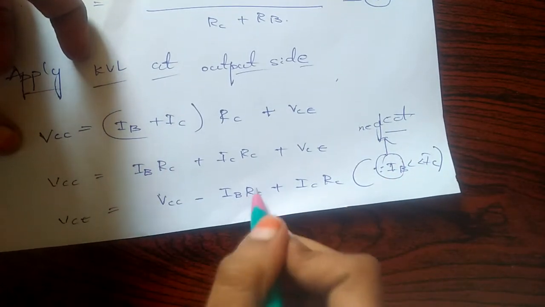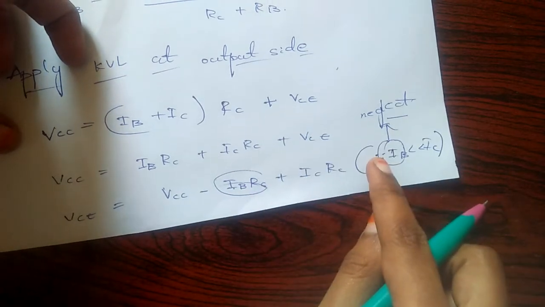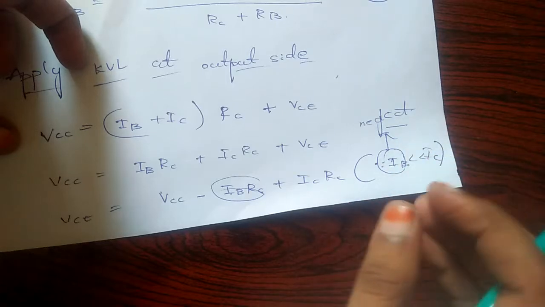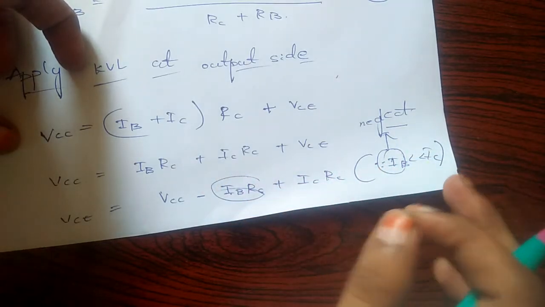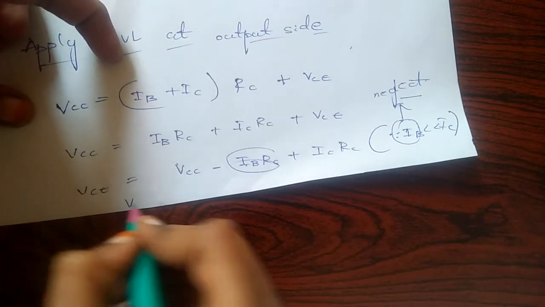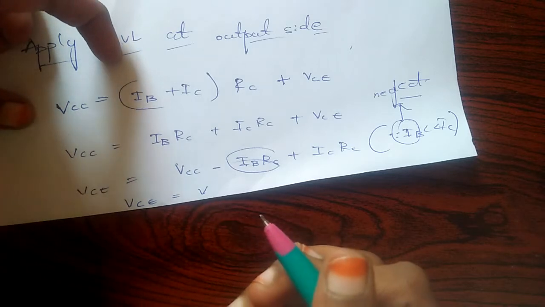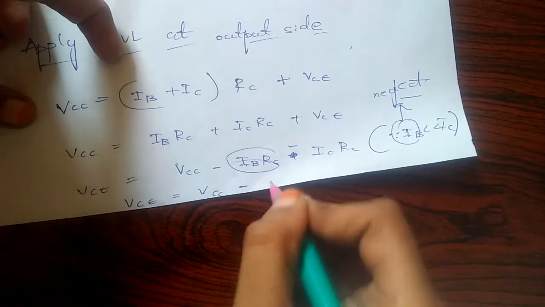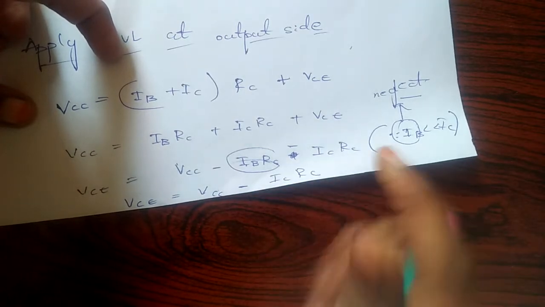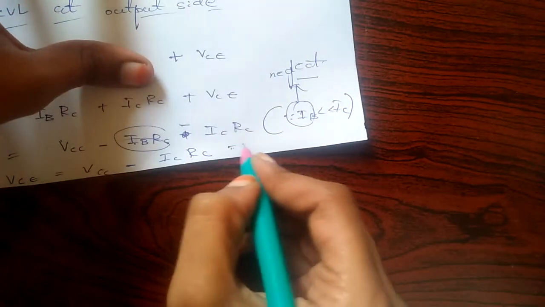Only in this equation you can neglect IB, as the value of this term will be very minute, isn't it? So you get VCE equal to VCC minus IC RC. Sorry, as two terms are taken to this side, this is minus, I forgot to put it. Let it be equation number 3.